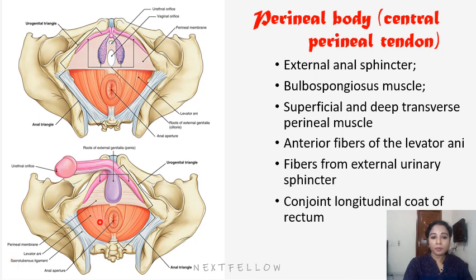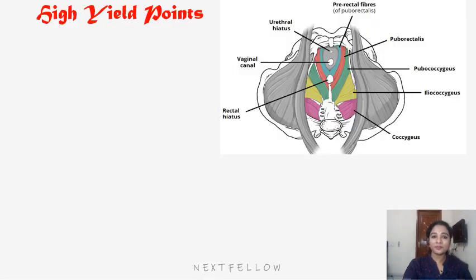So the gap between them would increase if there is a tear of perineal body, and this becomes a predisposing factor in those women which leads to prolapse of pelvic viscera like urinary bladder, uterus and rectum would prolapse. So that is about the perineal body.